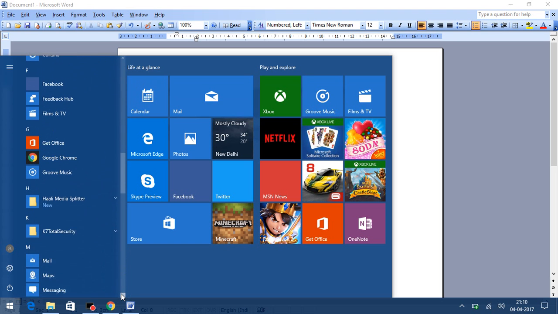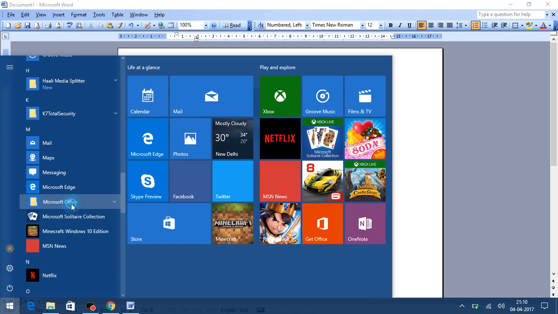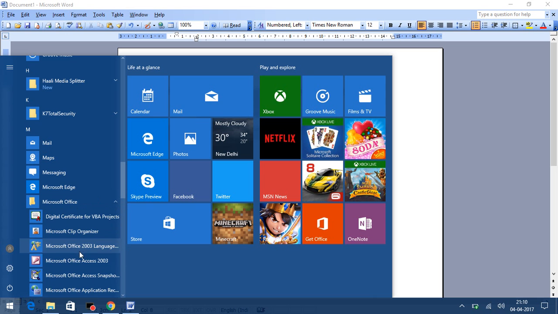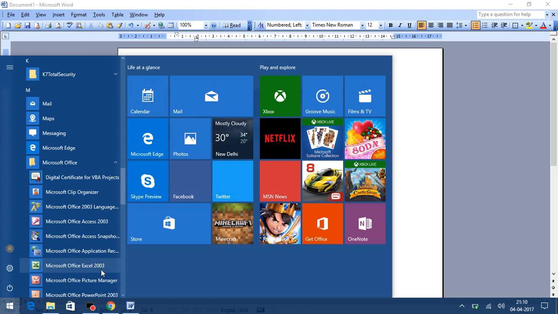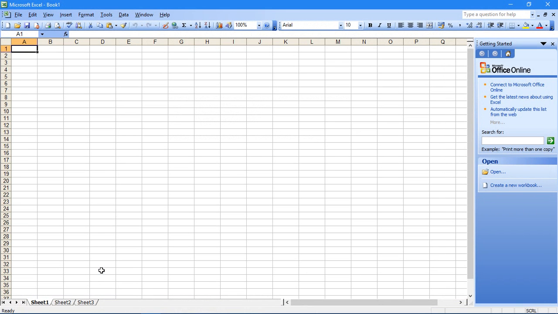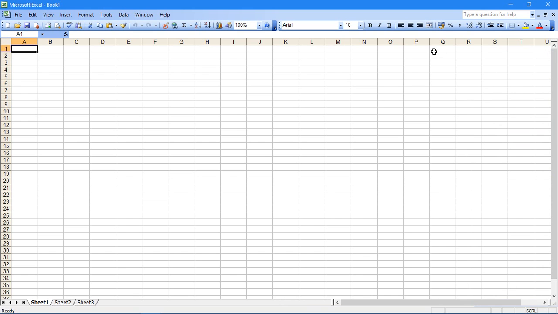I'm getting Microsoft Office. From here I'm opening Microsoft Excel. This is Microsoft Excel. The addressing mode works in each and every version of MS Excel.